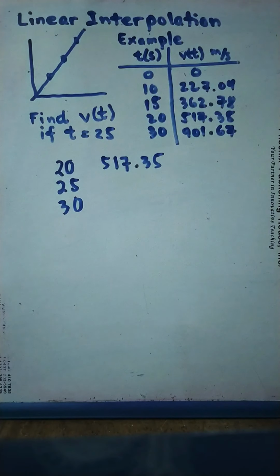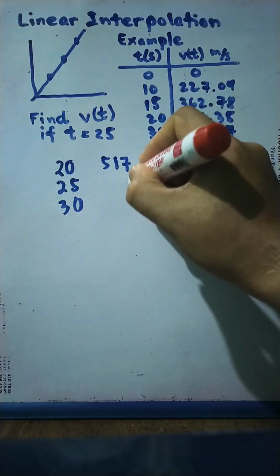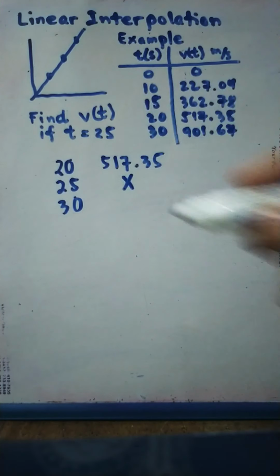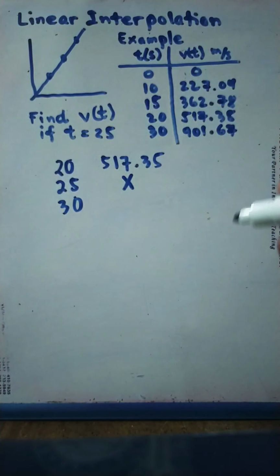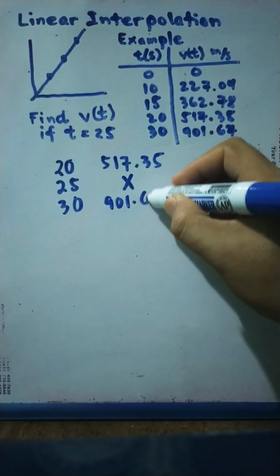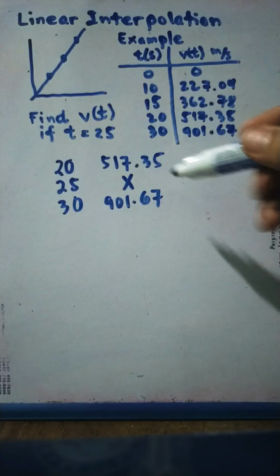The equivalent of 25 is unknown, so we have to determine the unknown. We will write x here. And 30 is 901.67.